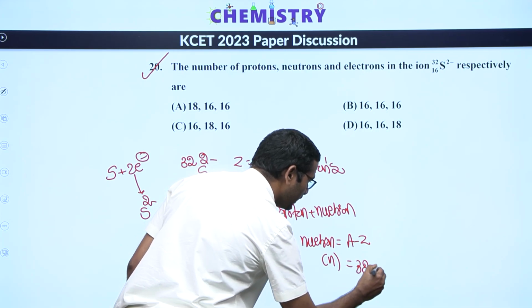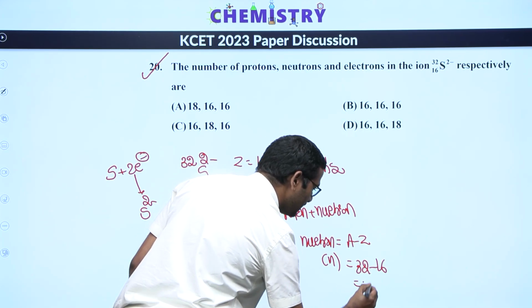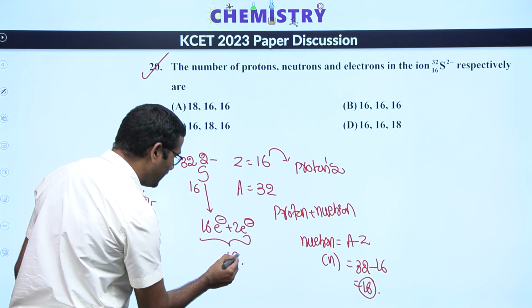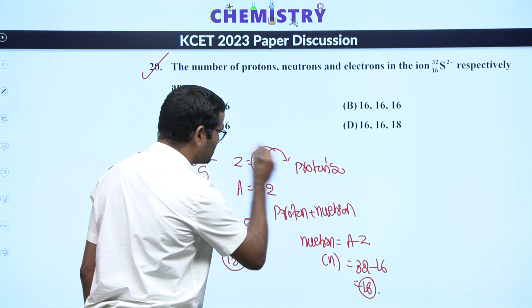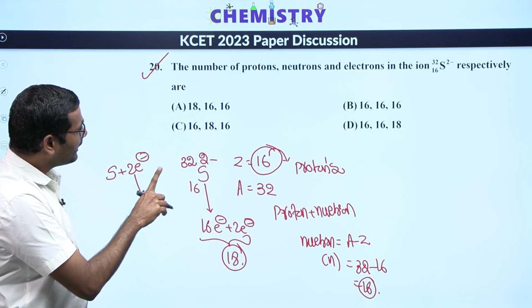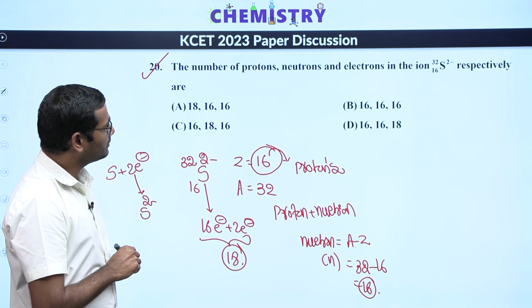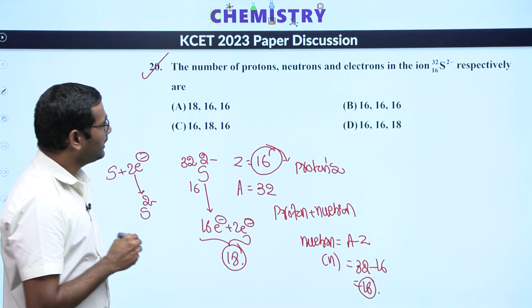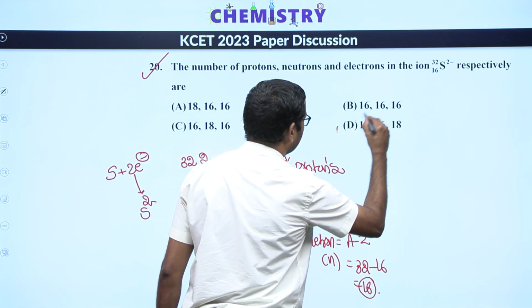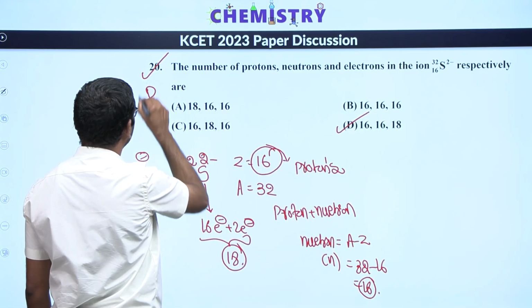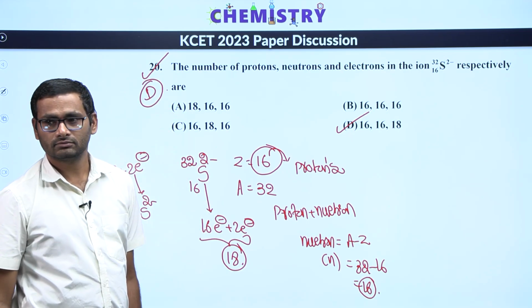Now 32 minus 16, so 16 neutrons are there, 18 electrons, and 16 protons. The order is proton, neutron, electron. So protons are 16, neutrons are 16, electrons are 18. For the 20th question, the answer is D.